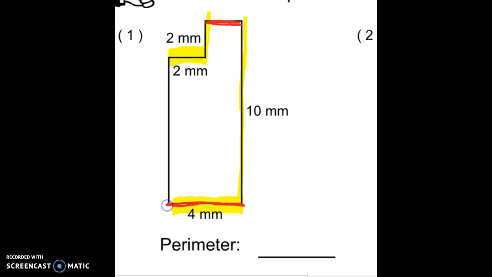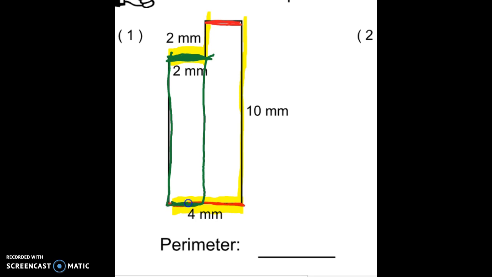I know this is 4 millimeters wide. I also know that this is 2 millimeters wide. I'm going to bring this down and make a rectangle. Now, if this side is 2 millimeters wide, I know that the side opposite to it must also be 2 millimeters wide. That is a rule of rectangles.